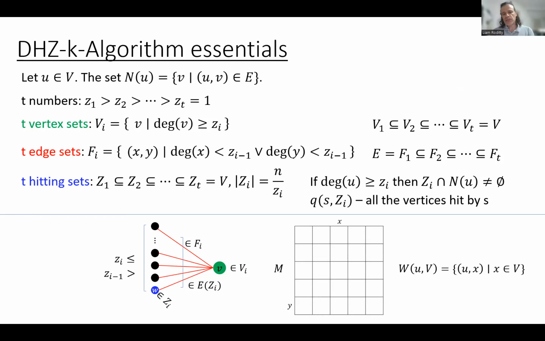The algorithm outputs a matrix M where the entry XY contains the approximation that we have for XY. But this is not just an output matrix, it's also a matrix that is being updated through the running time of the algorithm.